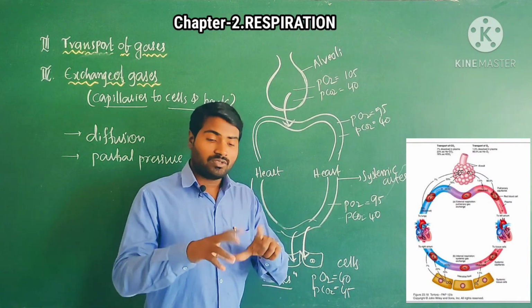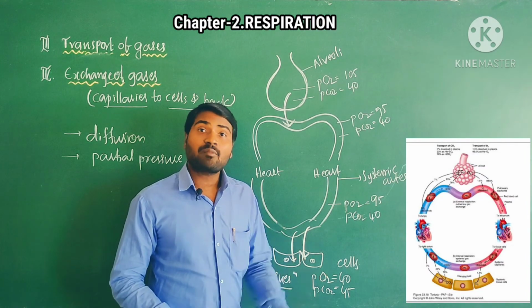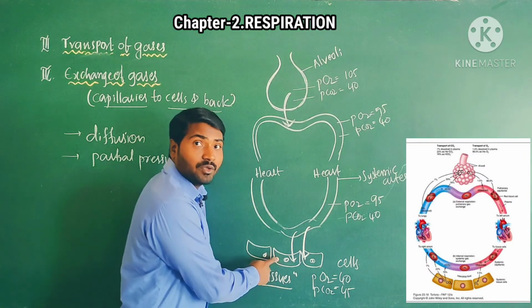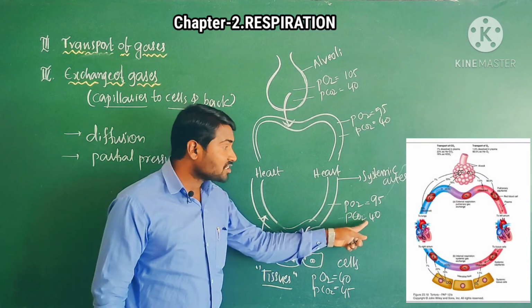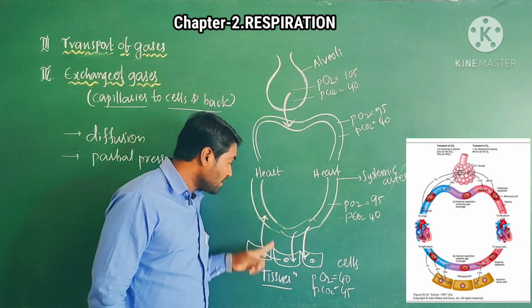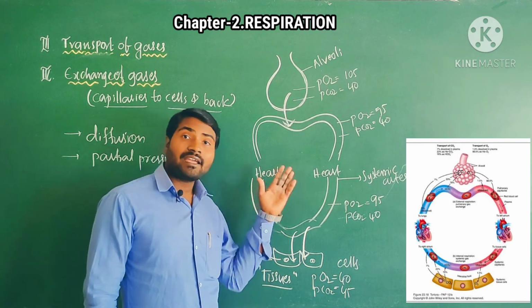Now the cell carries out cellular respiration and produces carbon dioxide. This carbon dioxide produced by the cell during cellular respiration enters the blood, because the partial pressure of carbon dioxide is very less in the blood and more in the cell, so it is diffused back into the blood.